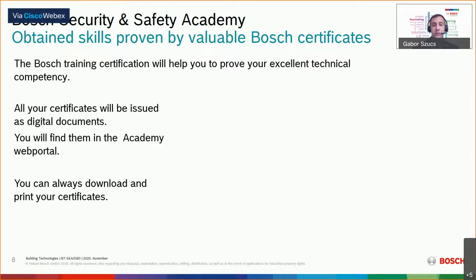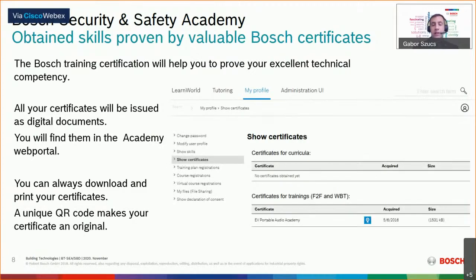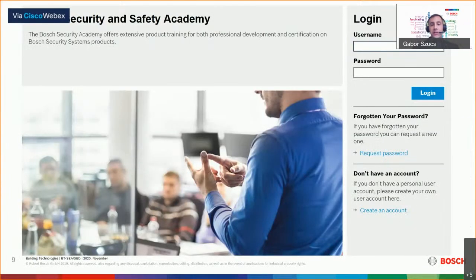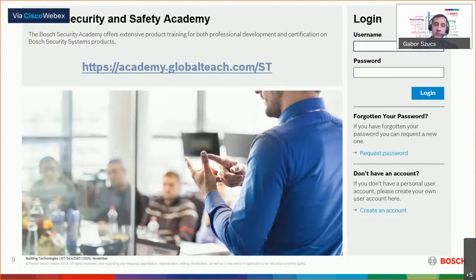It's always marked with a unique QR code, which gives the indication of its validity and of your valuable skill. The site itself, as I mentioned, is online, and you can reach it at academy.globalteach.com, where you will find specific contents. Please freely register, and contact us if you need anything, and we will give you access to this specific content inside.